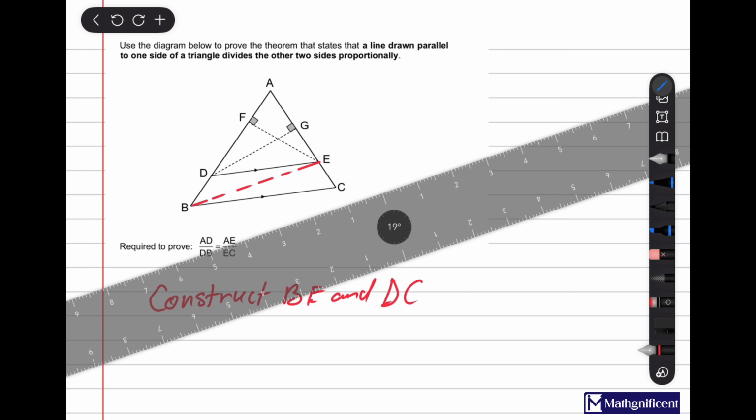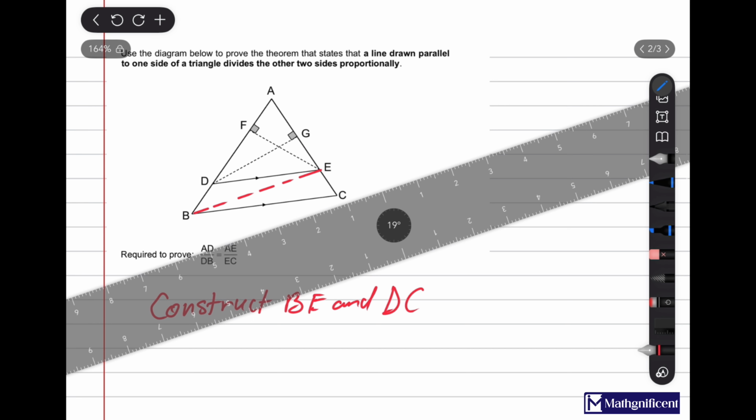Then another triangle that we are going to have, and then please note that this triangle BDE is an obtuse triangle. It is obtuse because one of its angles is greater than 90. So now when we construct the height, we are going to construct it externally. So we are going to use FE as our height.